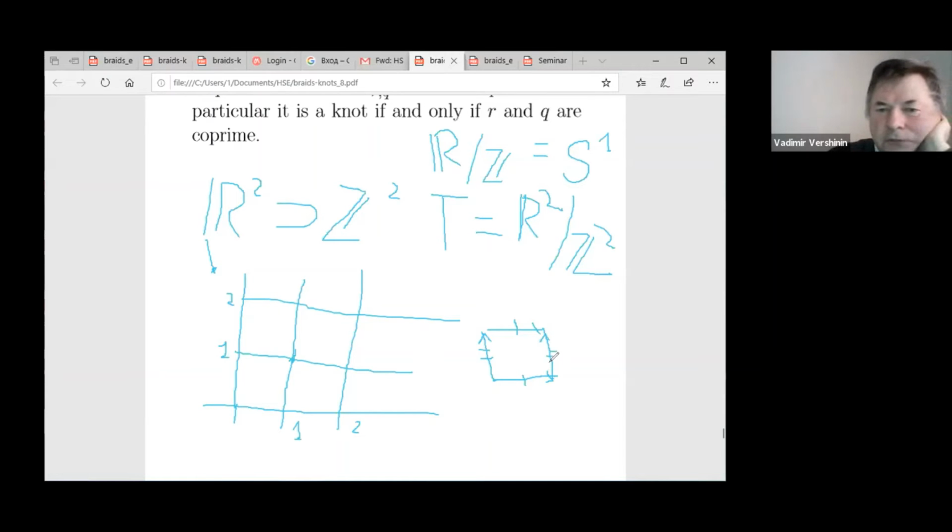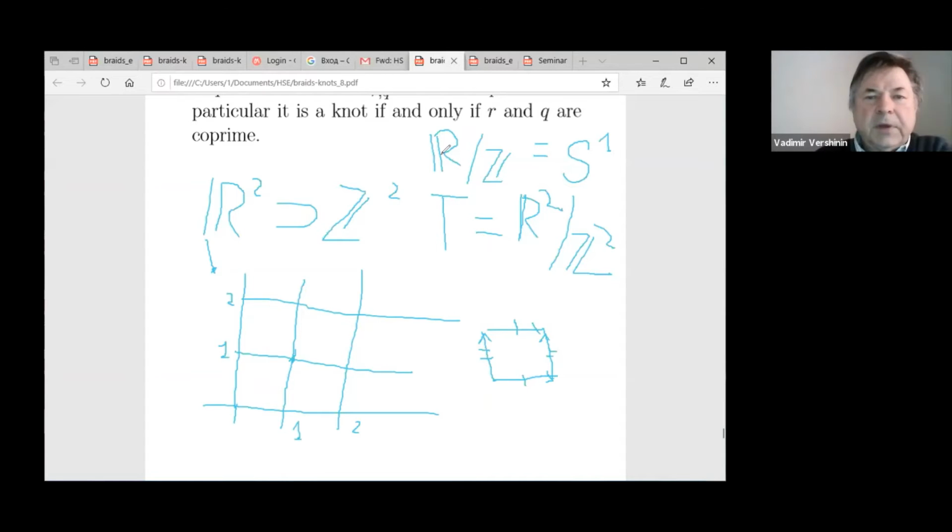And this is exactly the construction. At first, for example, by X, you just take the X axis and make a cylinder, and then you glue these two circles and you have a torus.